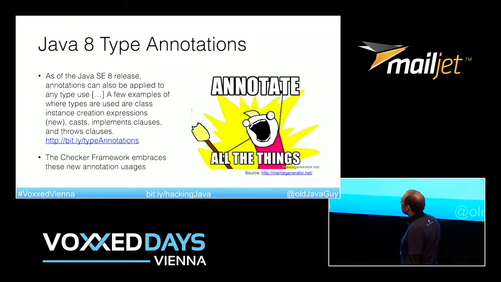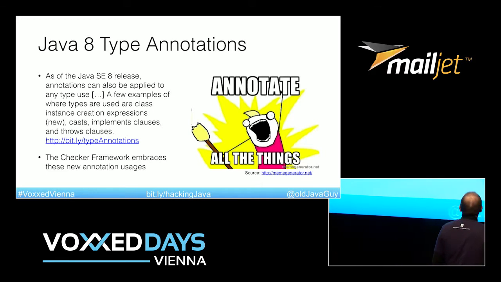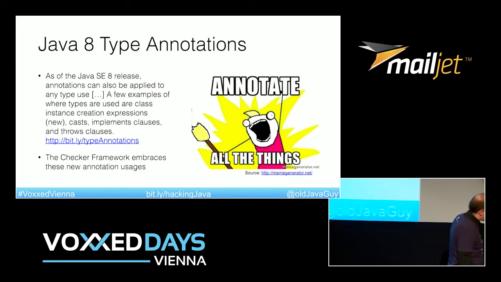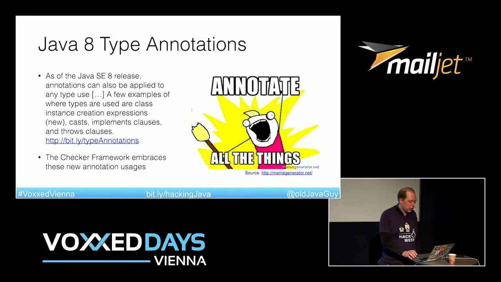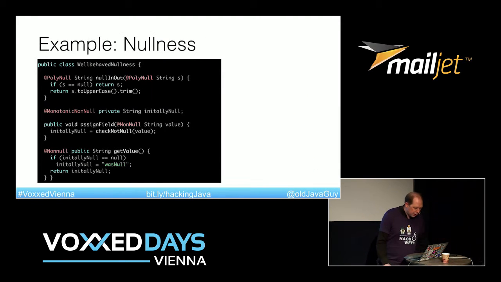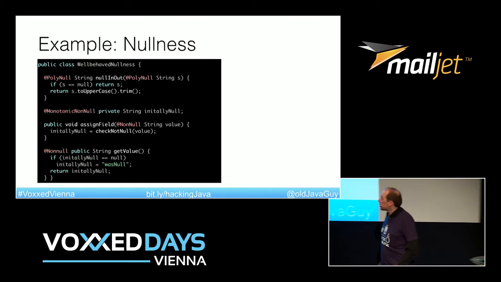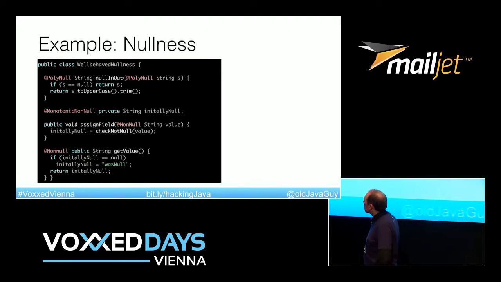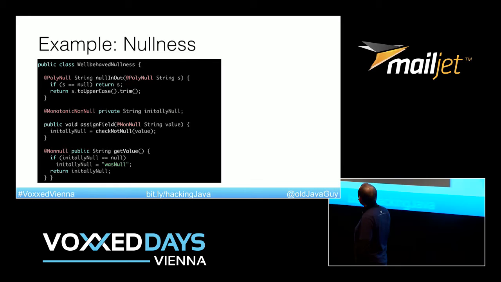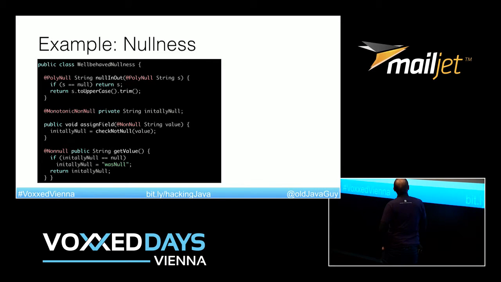So, for example, on method invocations, you can also use annotations, and the Checker Framework really embraces this functionality. And so here's, for example, a nullness check where they define some nice semantics for null. So if you look at this, it says PolyNull, for example.